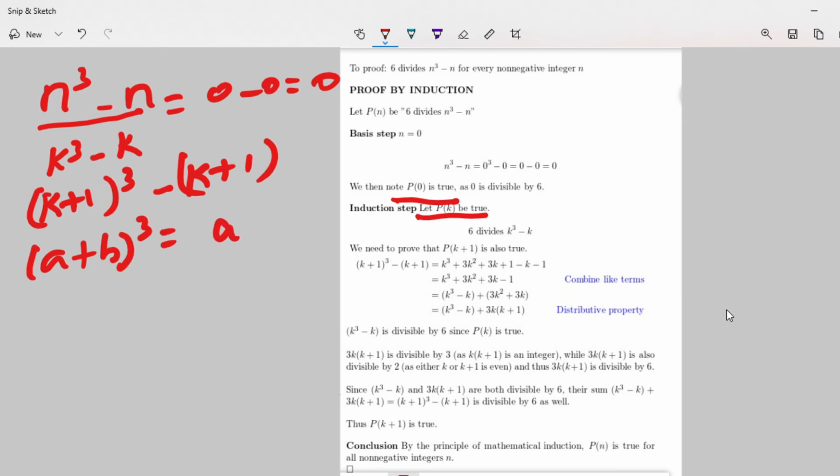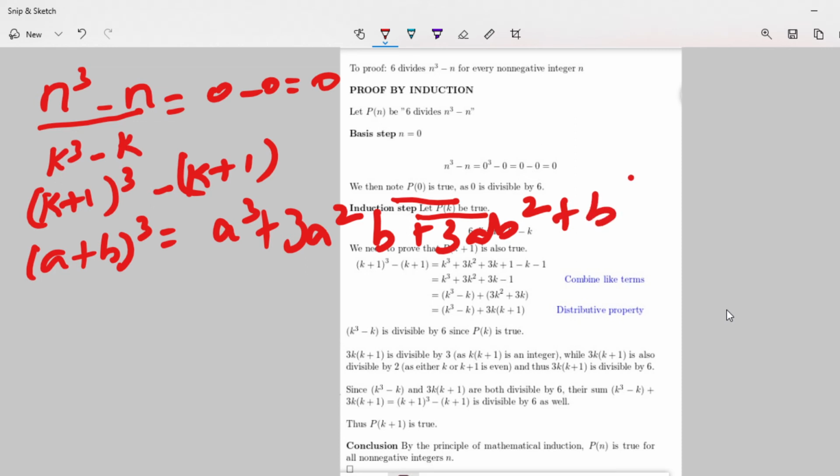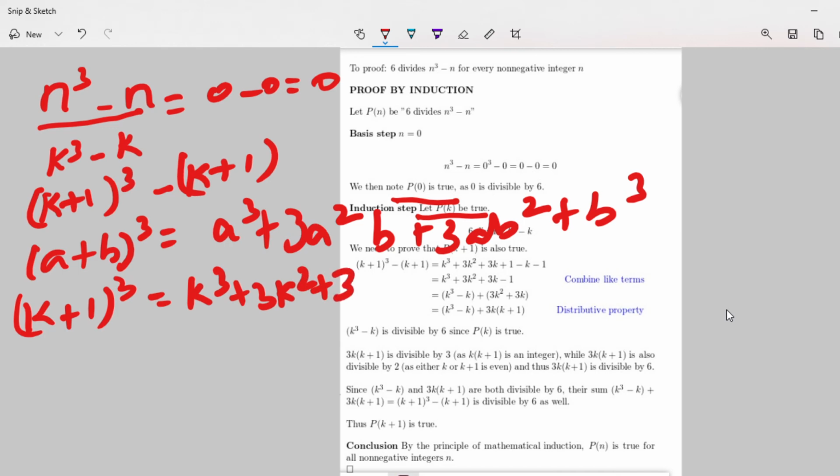So it is a cube plus 3a square b plus 3ab square plus b cube. So it is the formula for a plus b the whole cube. So here in place of a we are having k, in place of b we are having 1. So k plus 1 the whole cube is equal to k cube plus 3k square plus 3k plus 1.